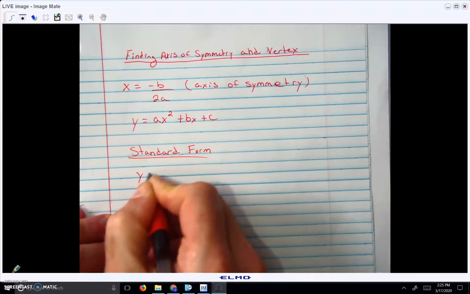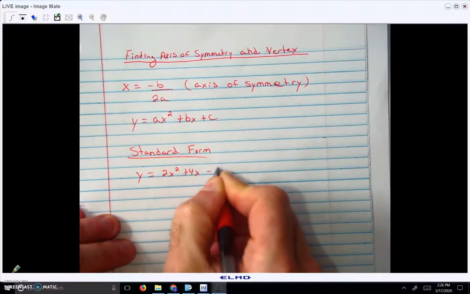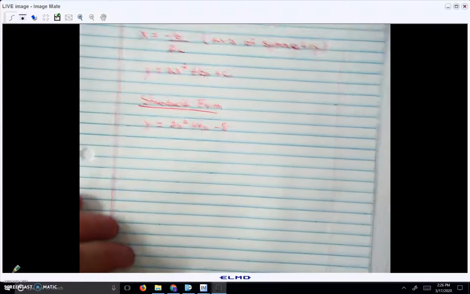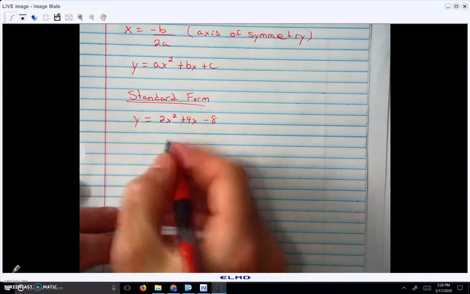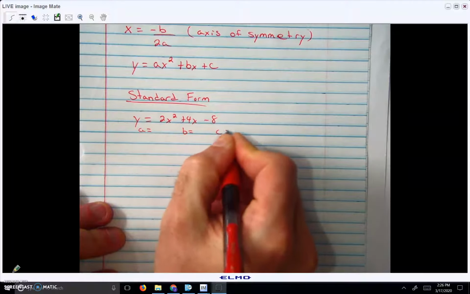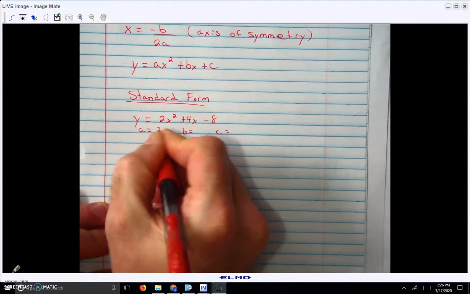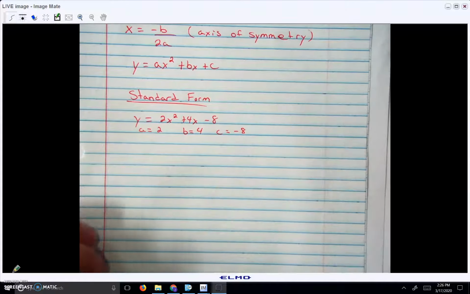So in standard form, if I have y equals 2x squared plus 4x minus 8, and I want to calculate the axis of symmetry and find the vertex, I'm going to start by listing out my a, my b, and my c values. So my a value is 2, my b value is 4, my c value is negative 8.